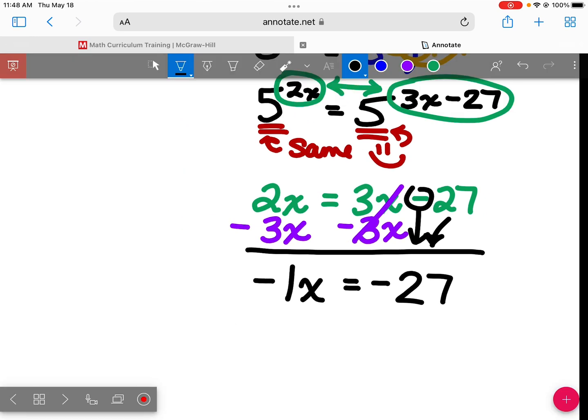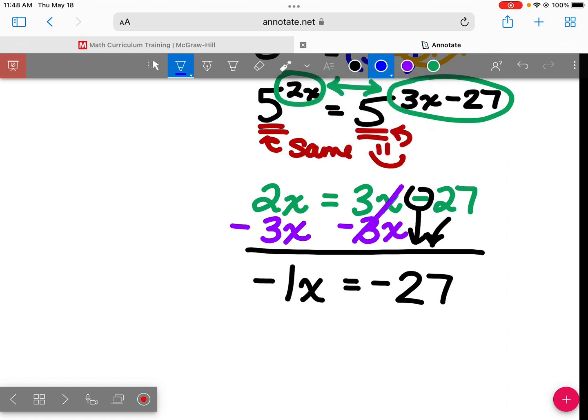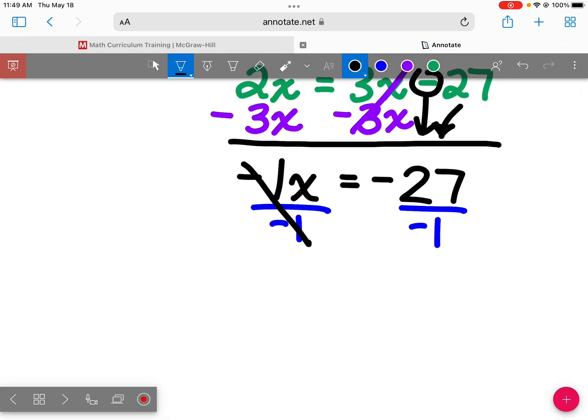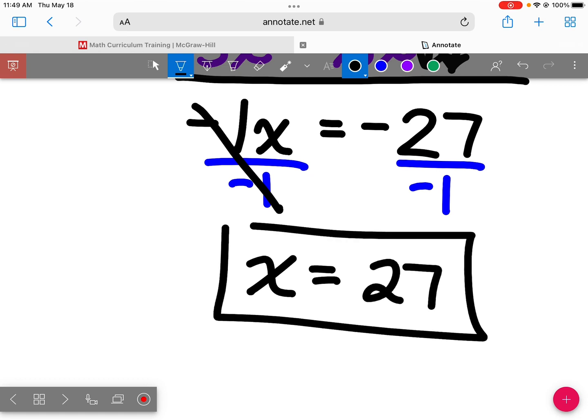Do I have the x totally isolated? No. You have to divide by negative 1 on both sides. X equals negative 27 divided by negative 1. Positive 27. All right, questions?